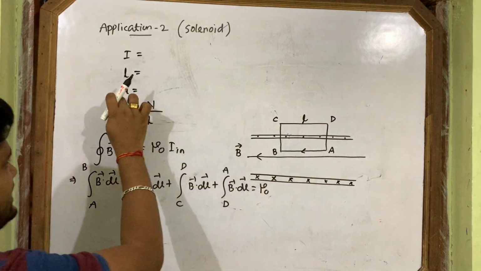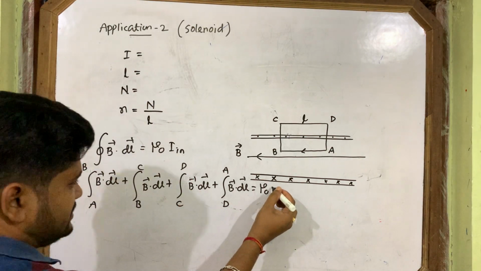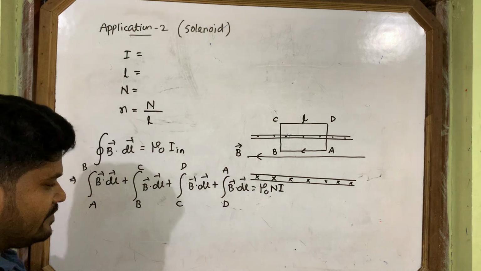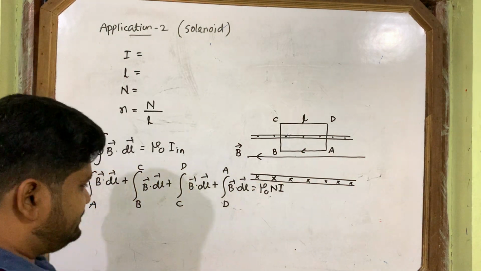How many times? N times. Not 3, don't keep 3 in mind. N number of turns inside it. So the current enclosed is equal to N I, number of turns times I.